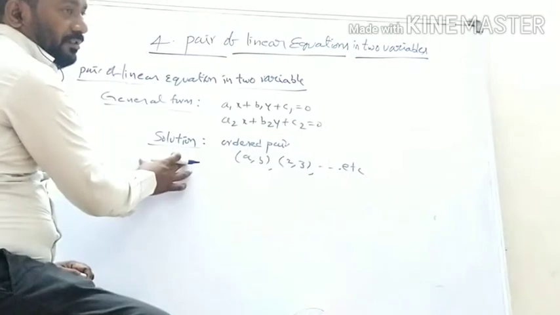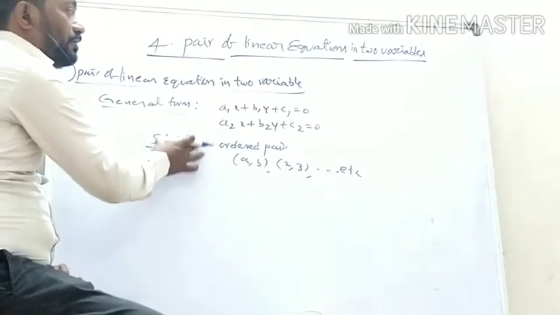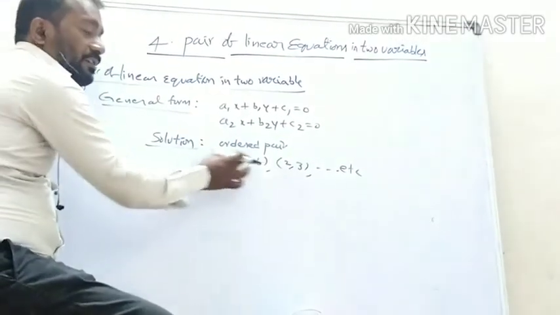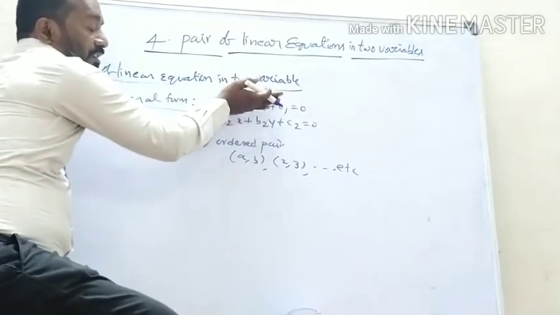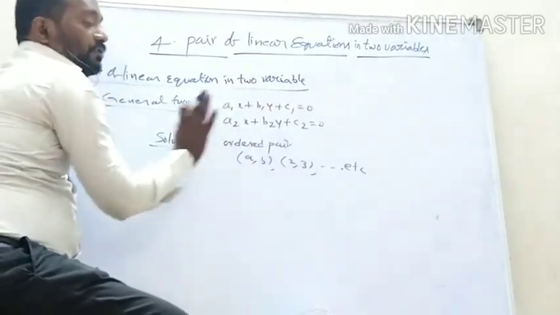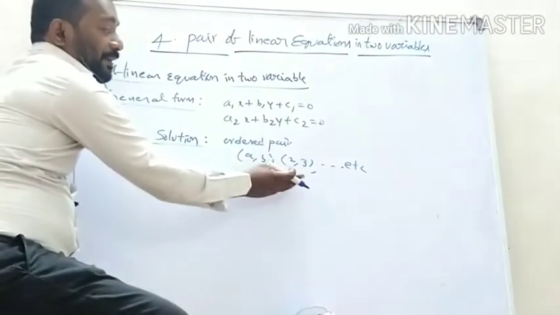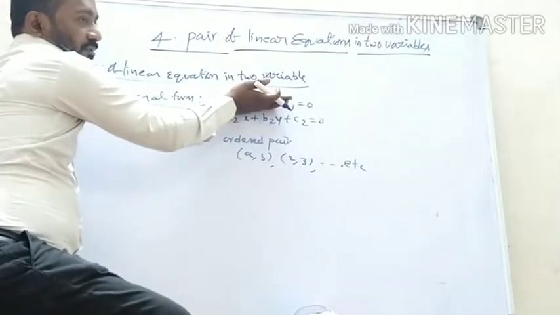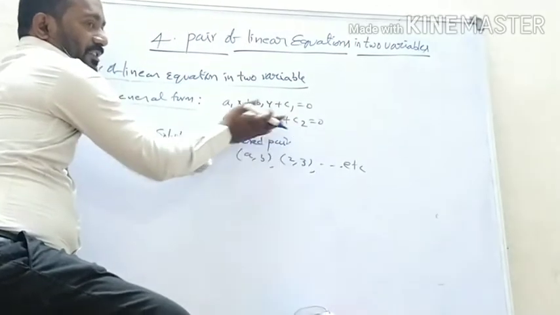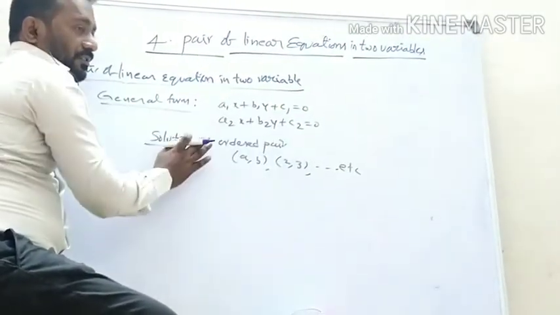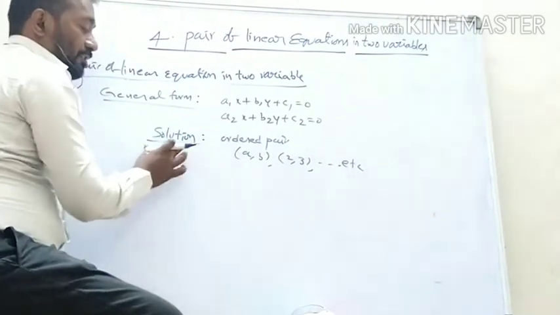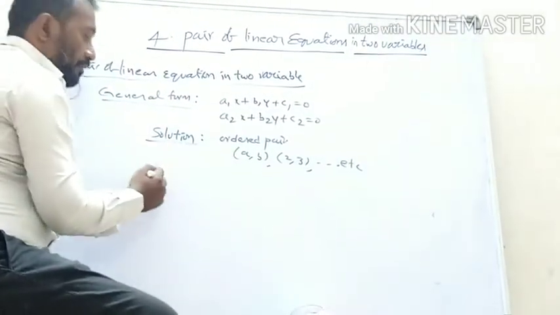Previously it was only one equation, but now the ordered pair which satisfies both equations is called the solution. The solution of a pair of equations is an ordered pair which satisfies the first equation as well as the second equation. If some ordered pair satisfies only the first equation and not the second, it is not a solution. If some ordered pair satisfies the second equation but not the first, it is also not a solution. The one which satisfies both equations is called a solution. Number of solutions.